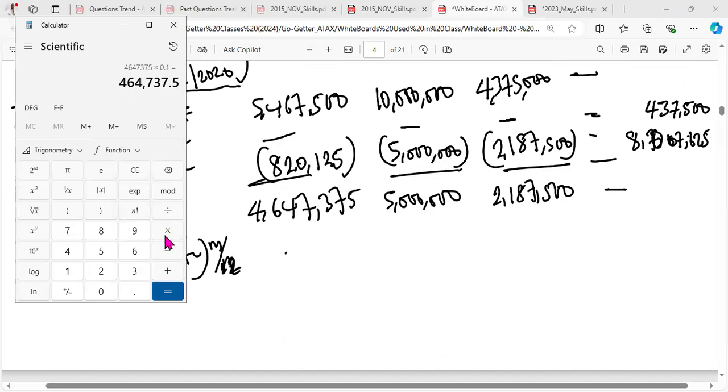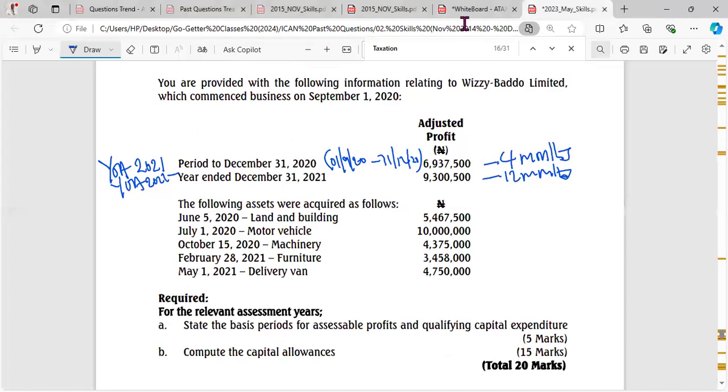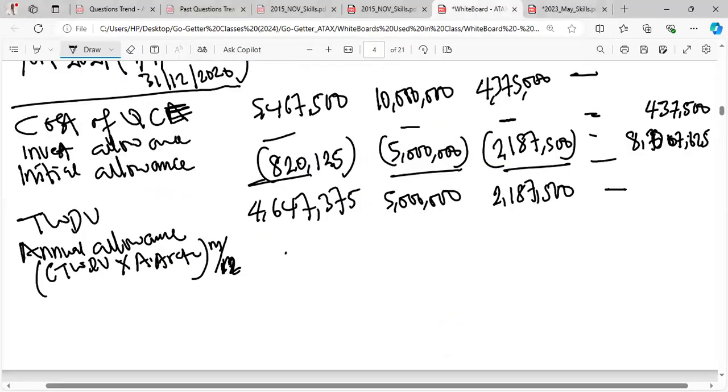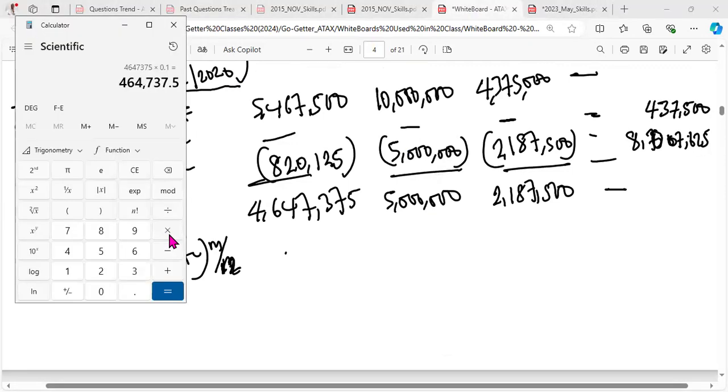But how many months was it put into use? This land and building was put into use from September 1, 4 months. So you say multiplied by 4 divided by 12. So this is what we are going to take. I'm going to make it to the nearest whole number for the sake of this. 154,913.